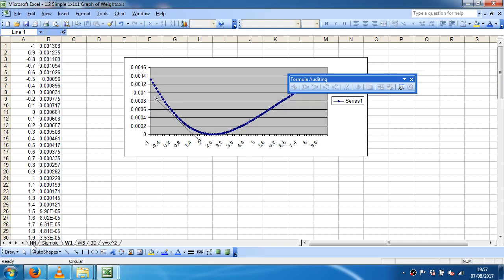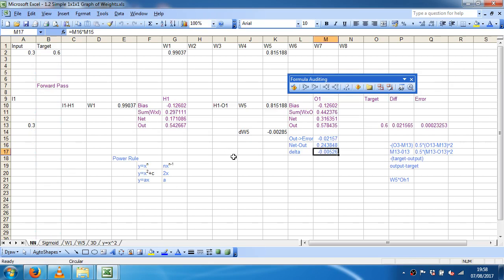Now, what we could do is just work out that it's a negative gradient and just add a number onto it to make us step in that direction. But what generally we do is we take the value of the gradient and we take a step proportionate to the size of the gradient, which means that if you're way up here and you've got quite a steep gradient, then you take a bigger step, and when you get down here at a lower gradient, you take smaller and smaller steps to get to the minimum. So what we actually do is take weight 5 and subtract the gradient.